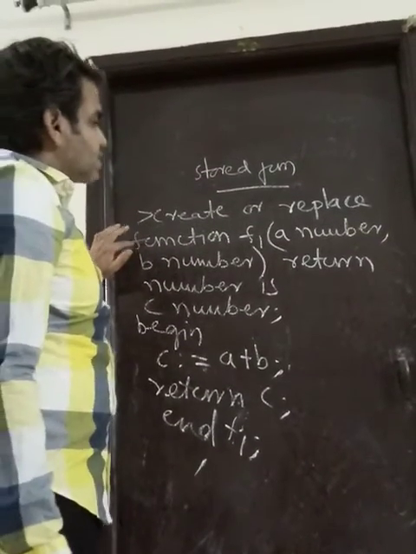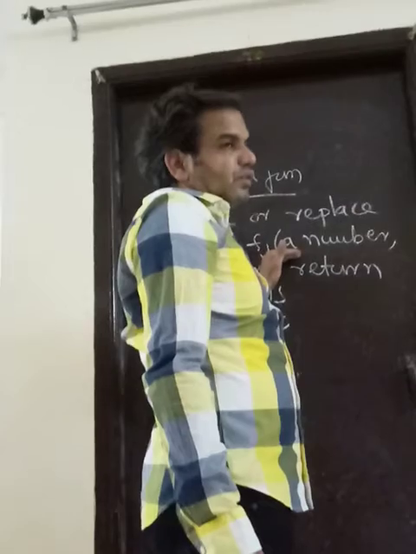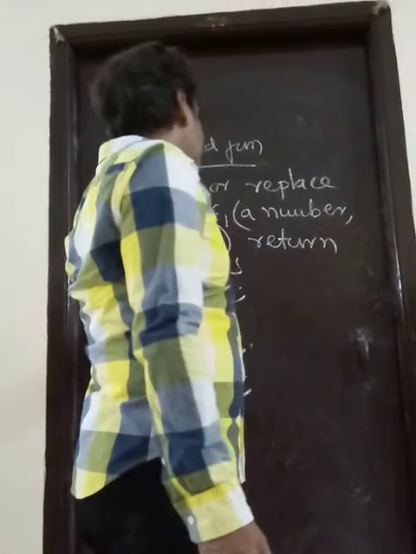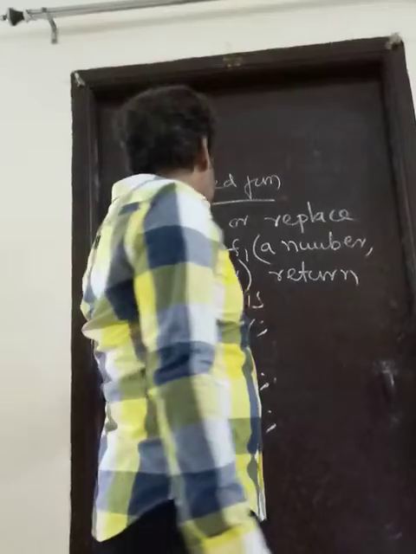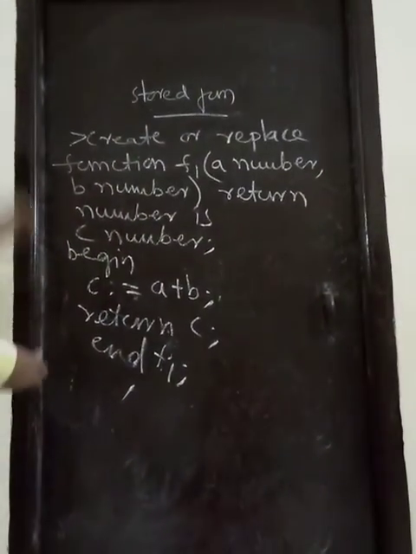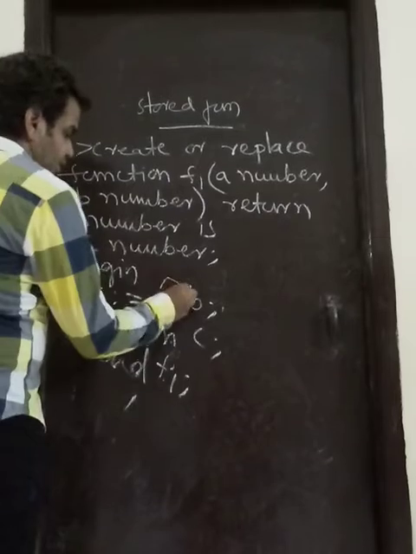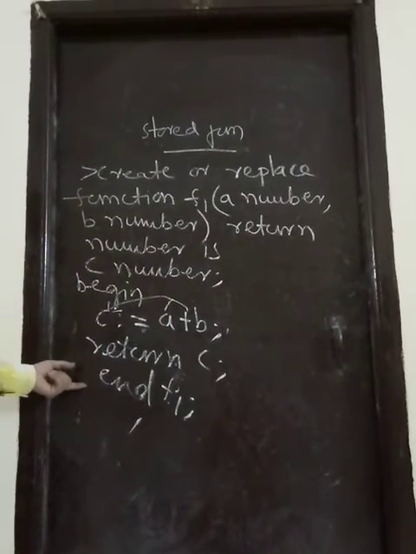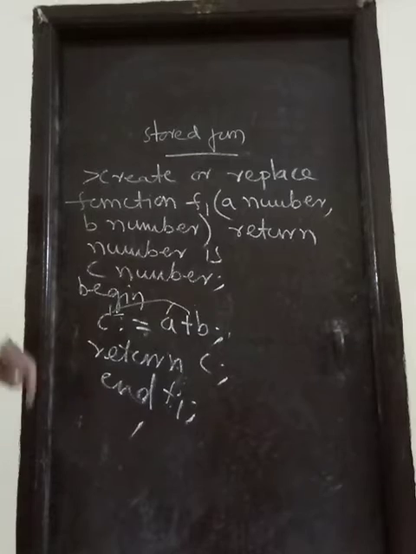It will receive two variables as the actual arguments and it returns some value. That's why we specified return number is C number. Then begin. First of all A comma B values are added. After adding we are assigning into C. Then return C we are returning. Then end F1.